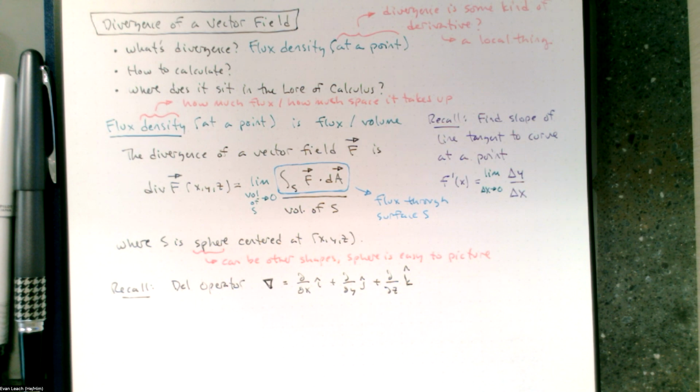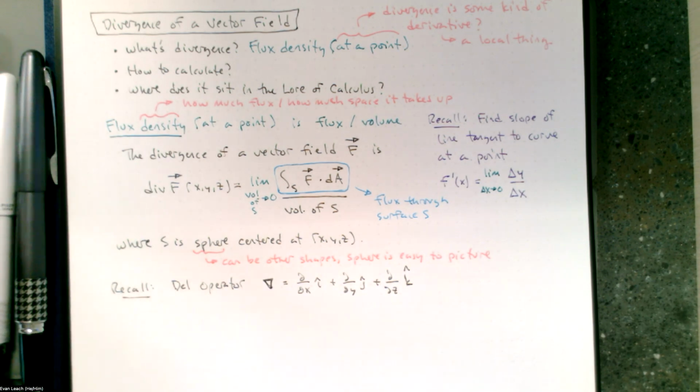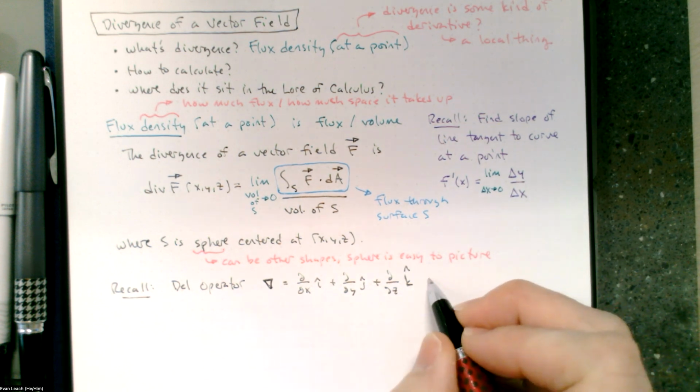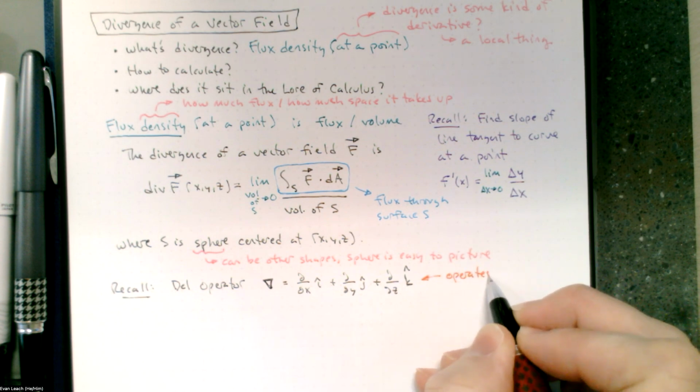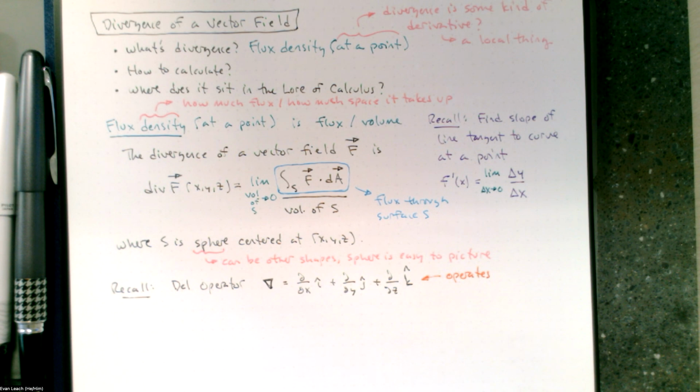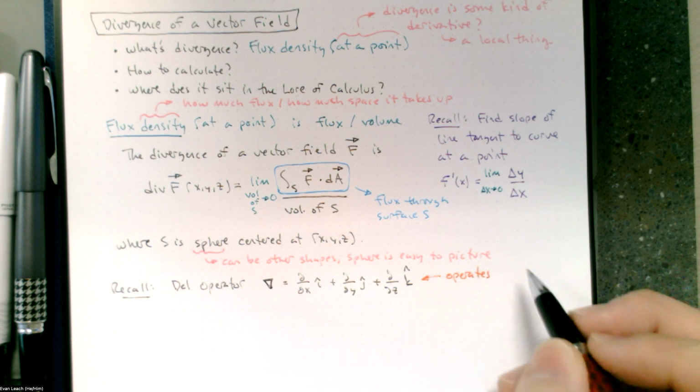It's got an i, j, and a k. Notice that it's not a function of x, y, and z. It's an operator that we're going to apply to functions. It's not a function of points. It's a function of functions. So this is the thing that operates on points rather than on the variables. I think I said points. It operates on functions.